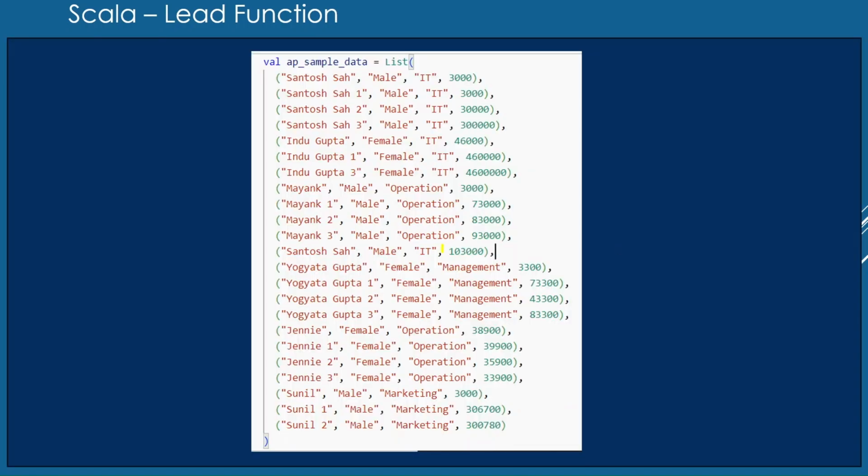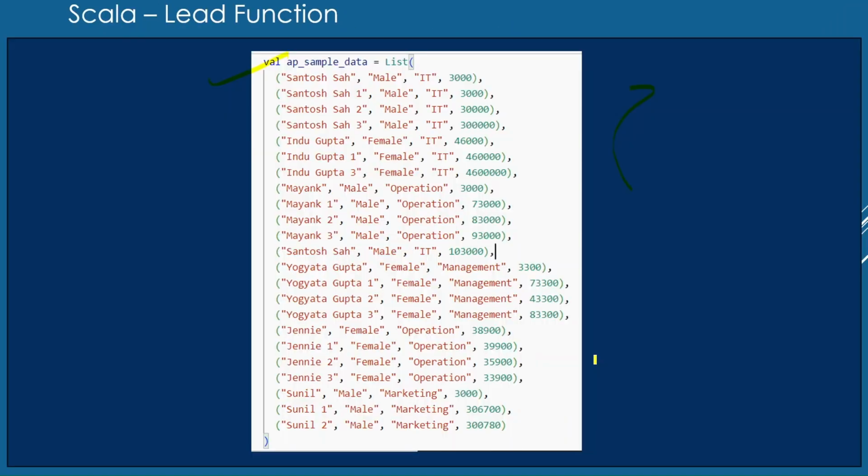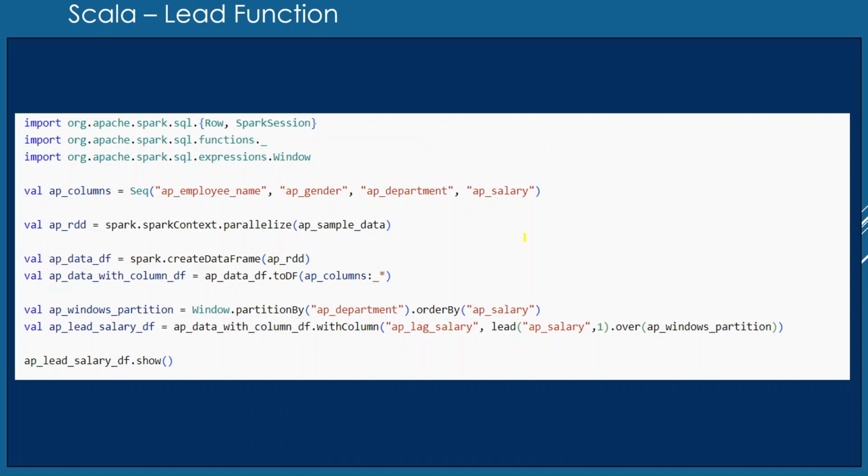To do the exercise, we need a set of data. So here I have created the set of data. It is a list which has the required data. On this data, we will perform how to use the lead function. In this exercise, I am importing the required libraries.